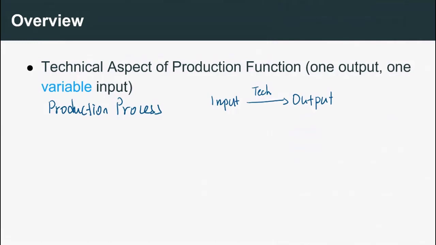And then we're saying that there are a lot of ways to represent or describe the production technology. And we can do it graphically or verbally, or we can use math. And for math, we introduced the production function, and after that, we used the production function a lot.